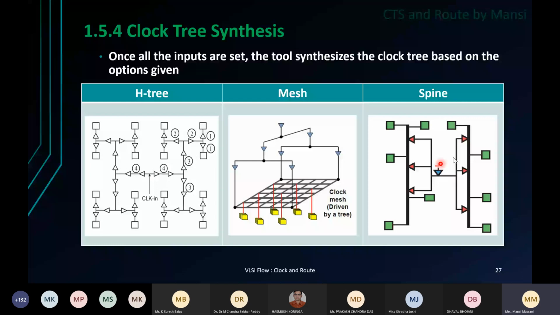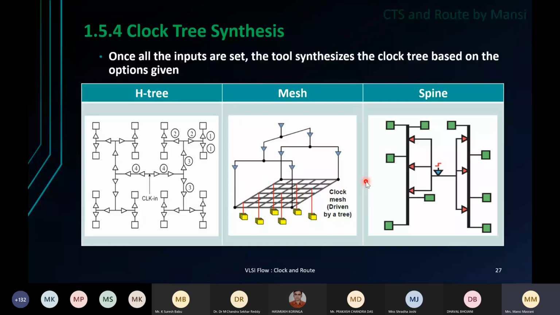And then from one comb, they created a big spine, and from there it started giving all the clock drop-off points. This is not balanced in skew, but this is pretty good for power and area. This is using very little power and area. So it has all the trade-offs. You will have to decide which one to go with based on your design requirements.